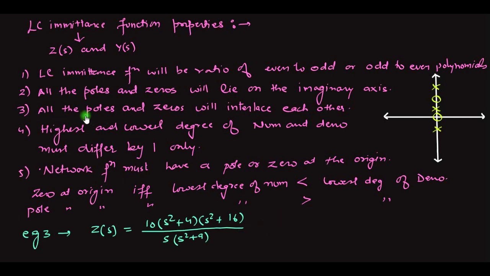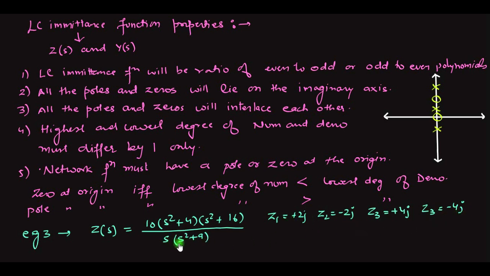Condition number 2 says all the poles and zeros will lie on the imaginary axis. If I try to calculate the zeros and poles, the first and second zeros will be lying at plus 2j and minus 2j, and the third and fourth zeros will be lying at plus 4j and minus 4j. As we can see, all the zeros are imaginary, hence they lie on the imaginary axis.